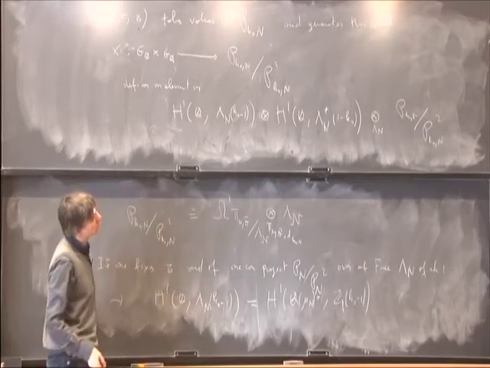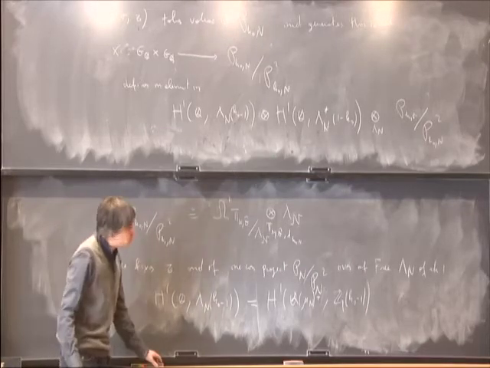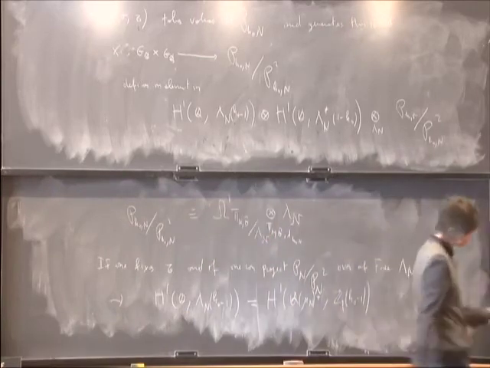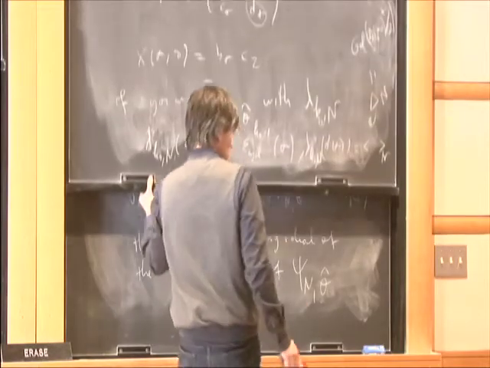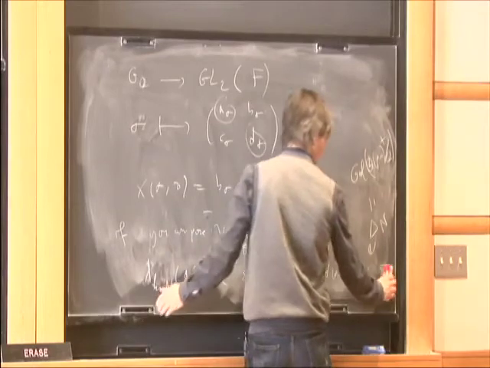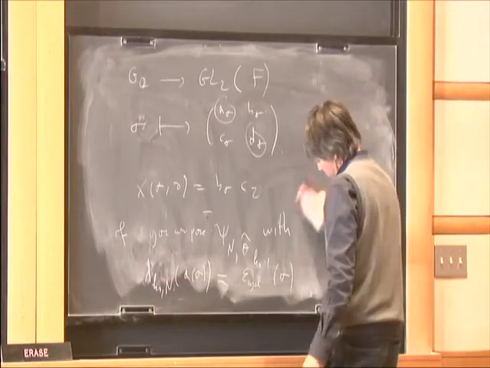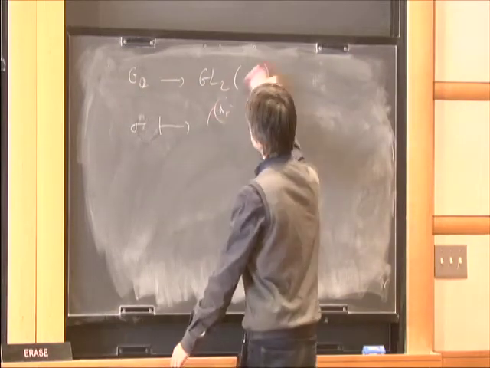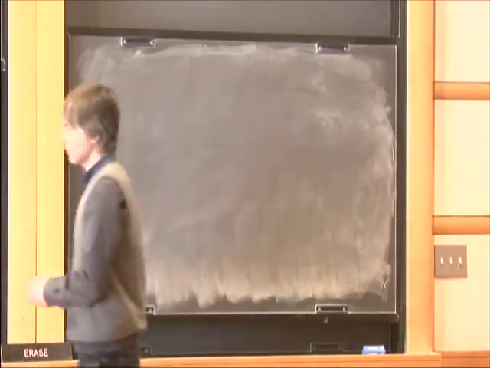So all the difficulty here is to get a compatible family. And so the outcome of this is that we don't really get a compatible family of elements in here, but rather a compatible system of elements in this tensor product. And I'm going to explain why.